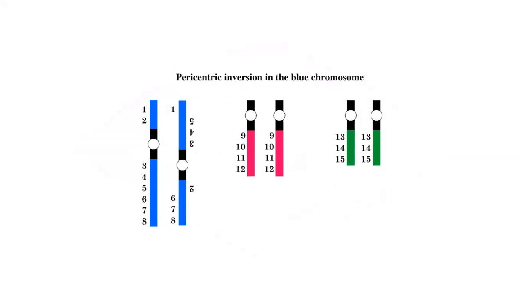What has happened here? Just see here, the sequence is getting inverted. So as a result, instead of 1, 2, 3, 4, 5, 6, 7, and 8, the sequence of the genes on this particular chromosome has become 1, 5, 4, 3, 2, 6, 7, and 8.